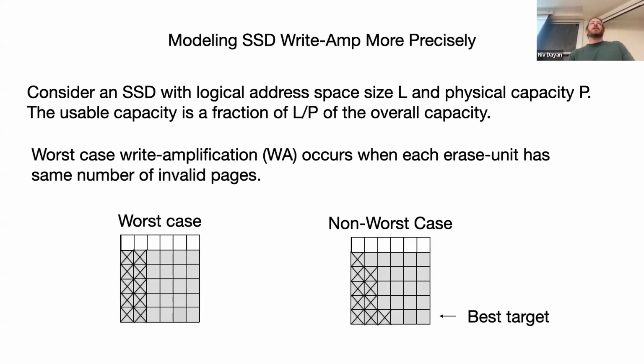The second thing is, when we try to reason about SSD garbage collection, we can reason about the worst case, or we can reason about the average case. In the worst case, all of your erase units inside the SSD are equally full. In this case, they're not all equally full.